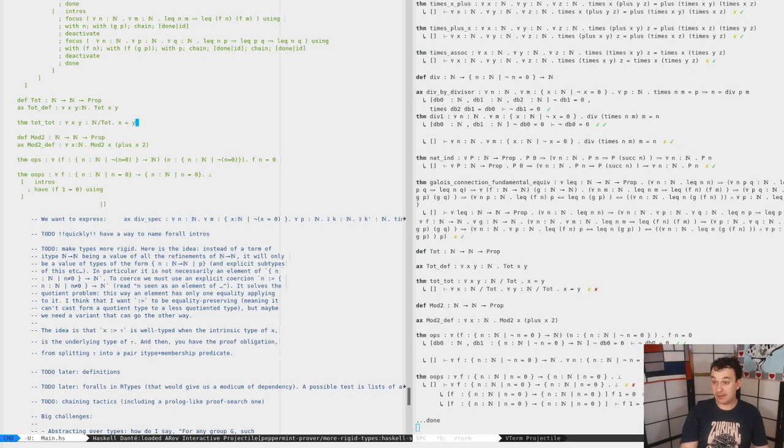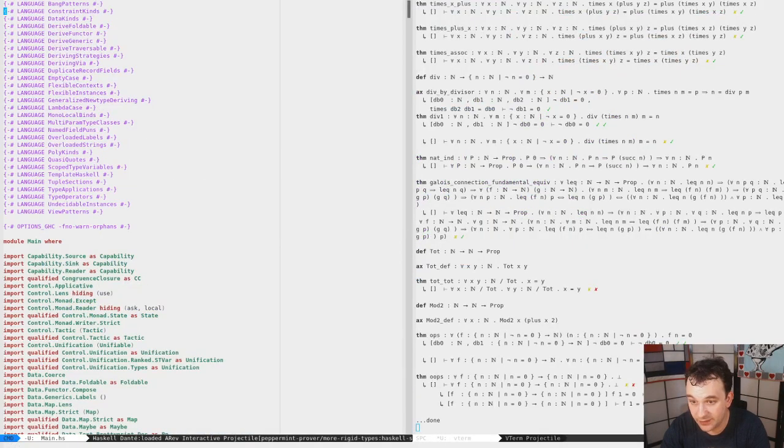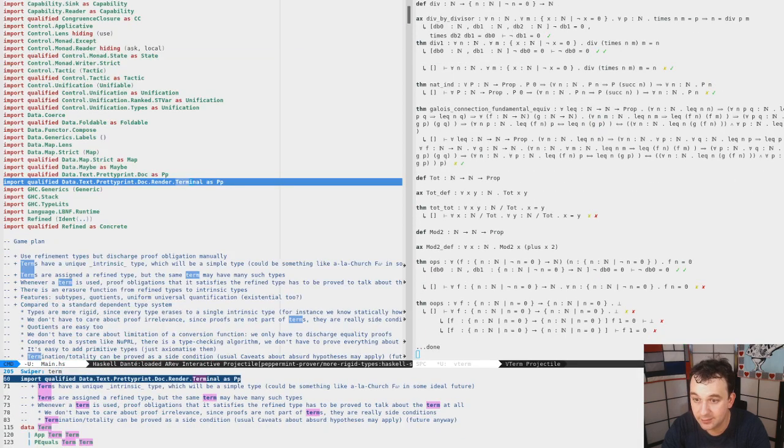So I'm going to implement it. And I need a notation for it. Okay, so that's something in terms already.